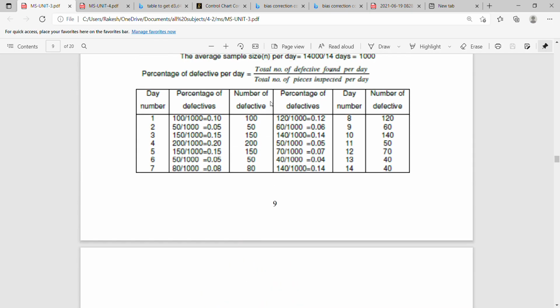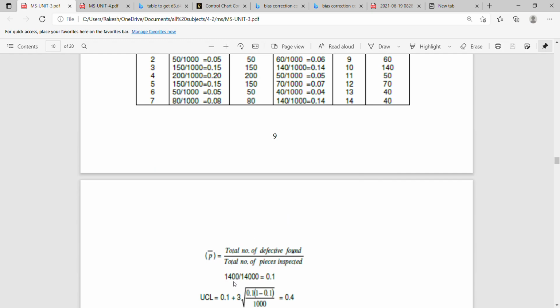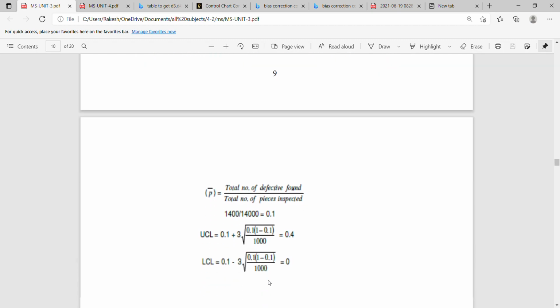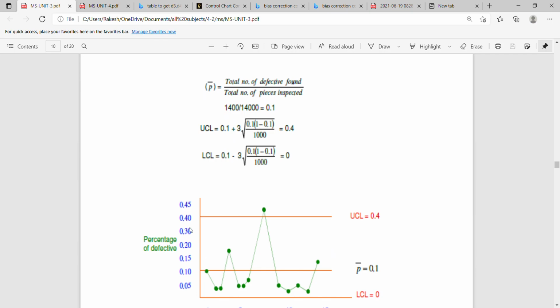You have to add all the defectives: 100 plus 50 plus 150 plus 200 plus 150 plus 50 plus 80 plus 120 plus 60 plus 140 plus 50 plus 70 plus 40 plus 40, which gives 1400. We got 1400 defectives when we tested 14,000 samples, so 1400 by 14,000 gives p bar as 0.1. You can check that in a p chart the y-axis is always in decimal values.